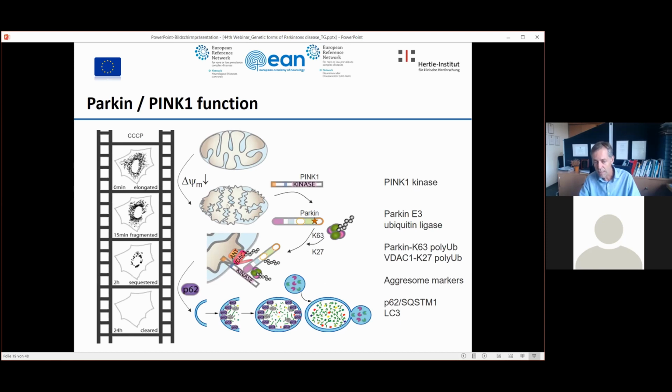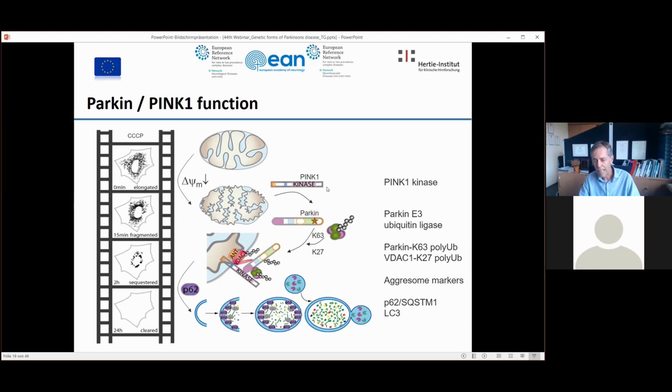So the cell needs a machinery that removes damaged mitochondria relatively rapidly. And parkin and pink1, the two Parkinson's disease genes, are involved in this process that is called mitophagy. It's the removal of damaged mitochondria from the cell.